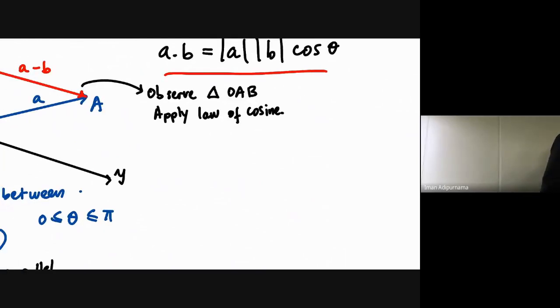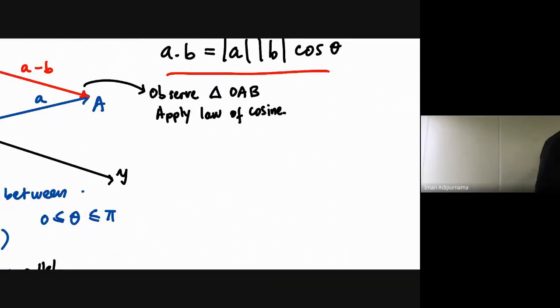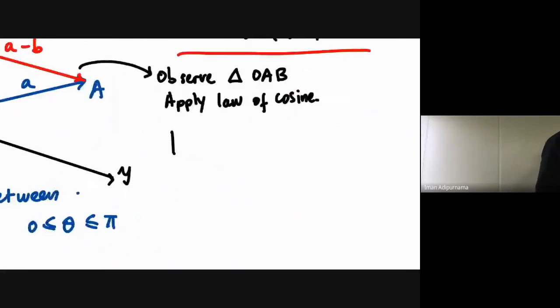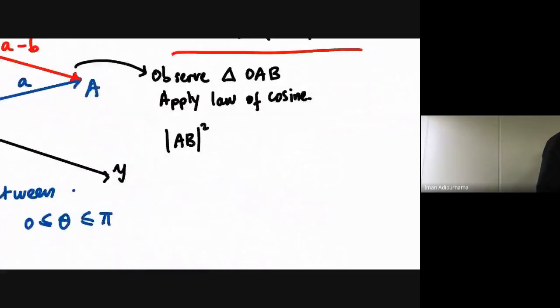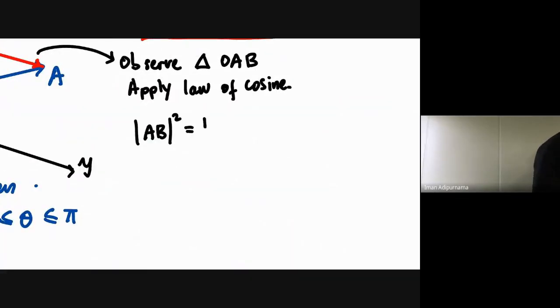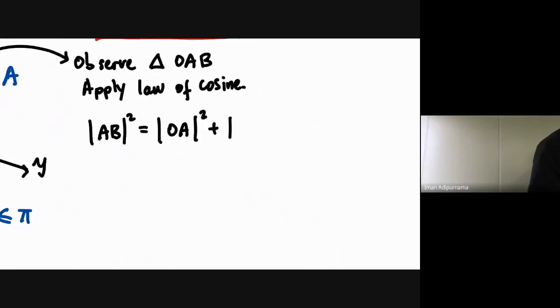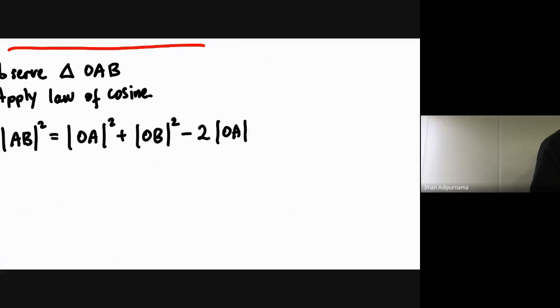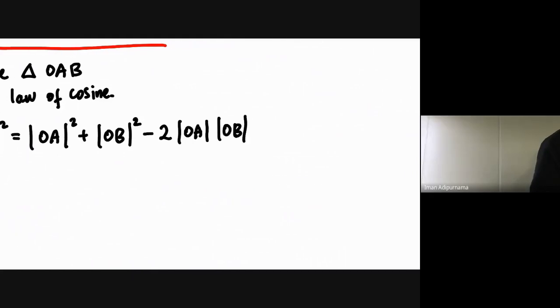So you apply the law of cosine and apply it for AB squared. Okay. AB squared equals OA squared plus OB squared minus 2 and then cosine.